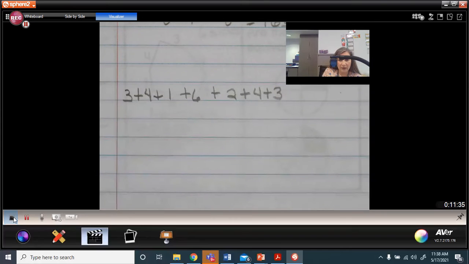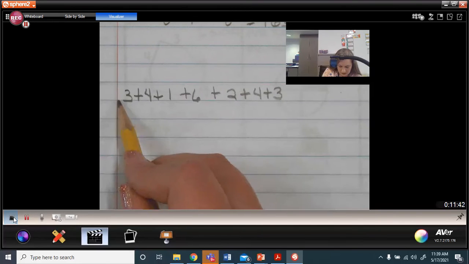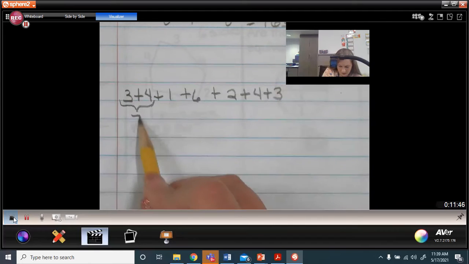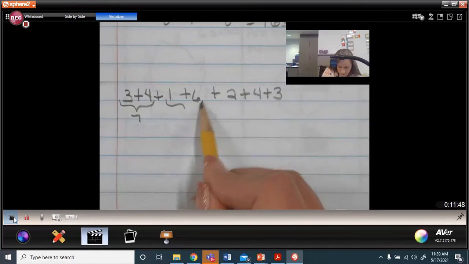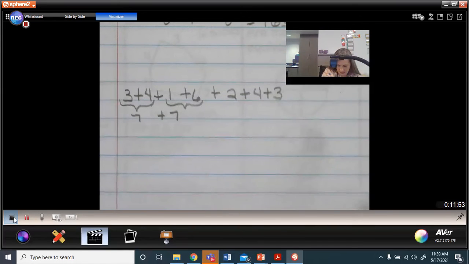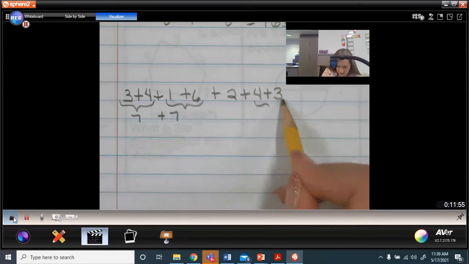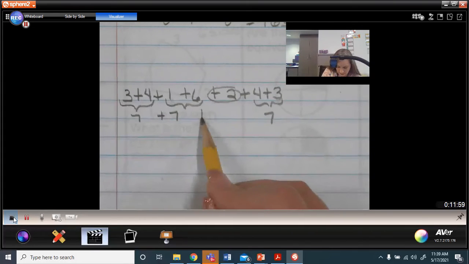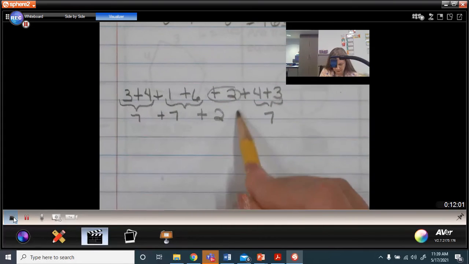All right, so now let's do some combining of these addends. These addends are going to be easier if I can put them together. So 4 plus 3 is 7. And I like 6 plus 1 is also 7. And another 4 plus 3 here is going to be 7. And then this 2 is going to be by itself.